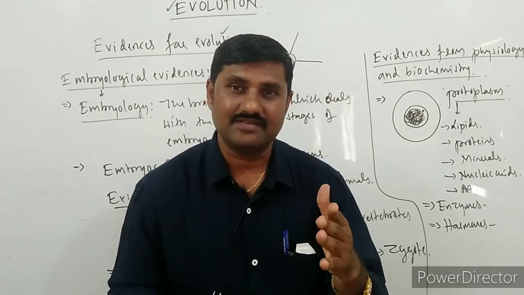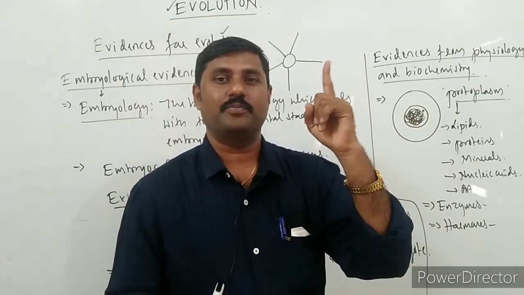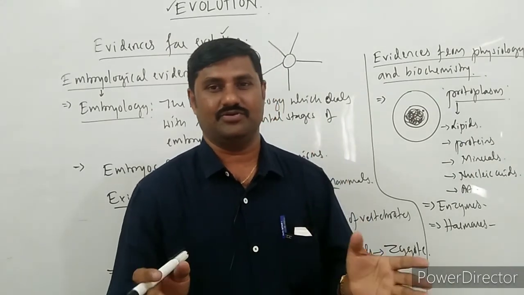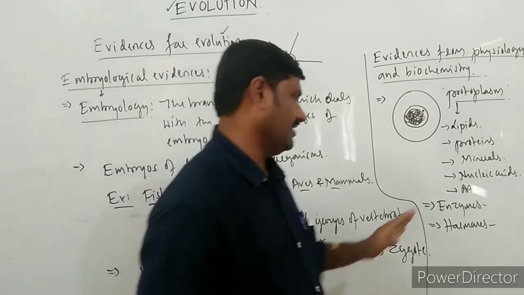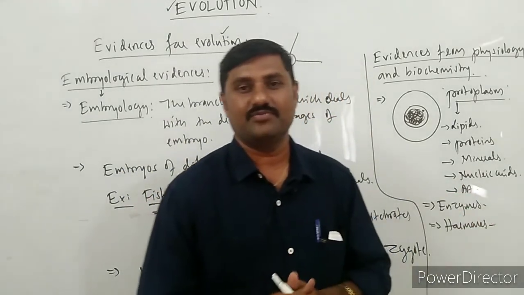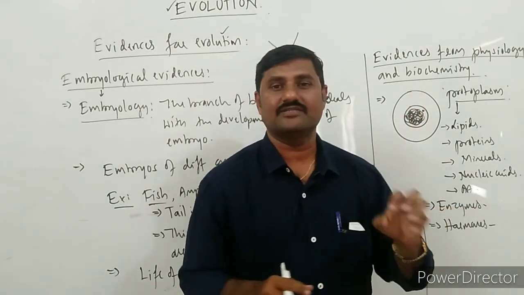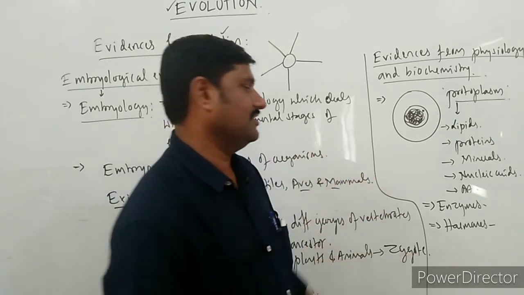It suggests that the insulin which does the same job in pigs as well as cattle does the same job in human beings also, right? So this is showing the evolution which has taken place. Hormones are also a best example. All these biochemicals show that evolution has taken place on this earth.